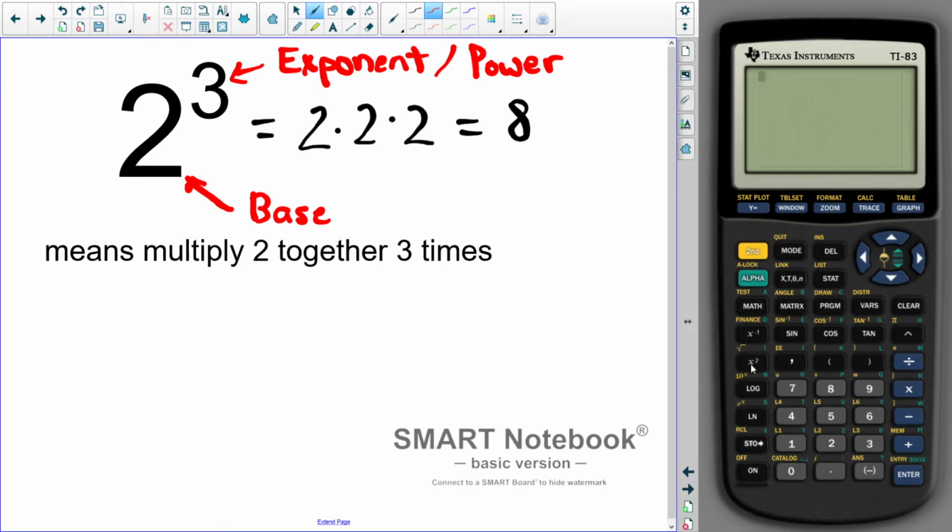If you just need something to the second power, you can type the number and click that, and it will raise it to the second power. But this is what we're going to use for any other exponents. Again, it depends on your calculator; the newer calculators will display it differently. If I wanted to do 2 to the third power, I would do 2 as my base and then my exponent of 3. And that would be 8.